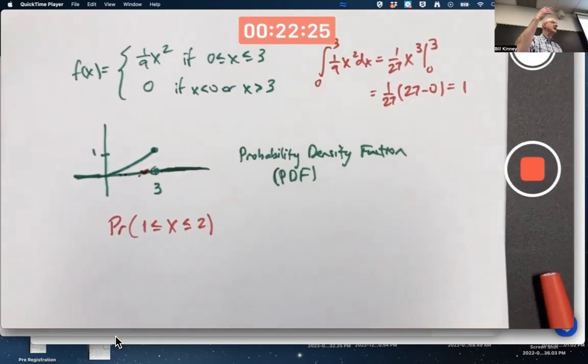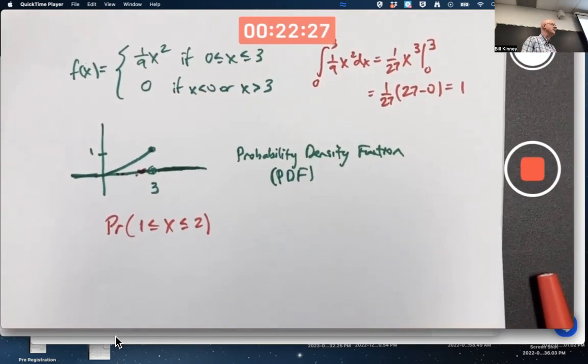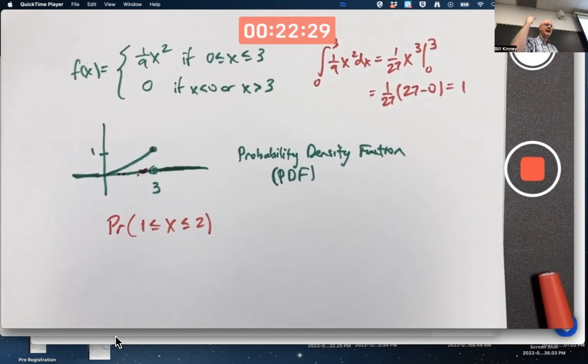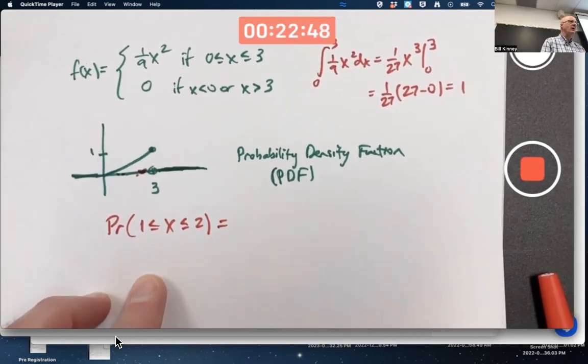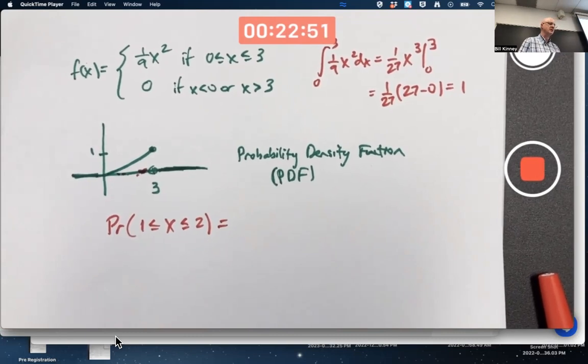Now you've got to use your imagination. I don't actually have data here. You need to pretend there's some data set this is modeling out there for some application. And ideally, it's a lot of data, maybe thousands of data points, instead of just like 15 or something that you're using this to model. So to find the probability that X is between 1 and 2, what should we expect for the answer?